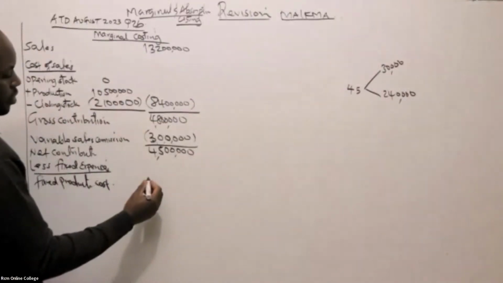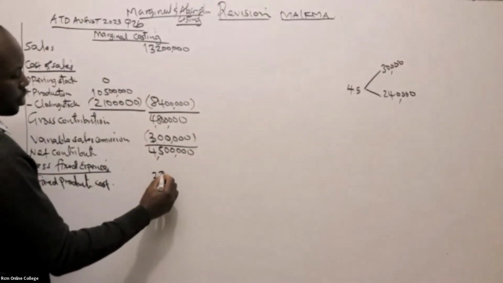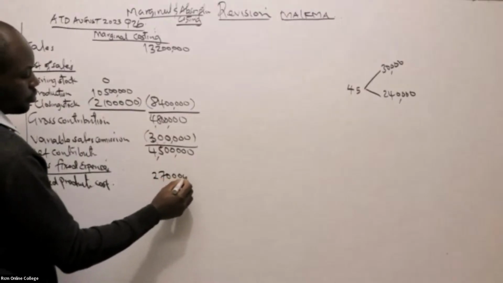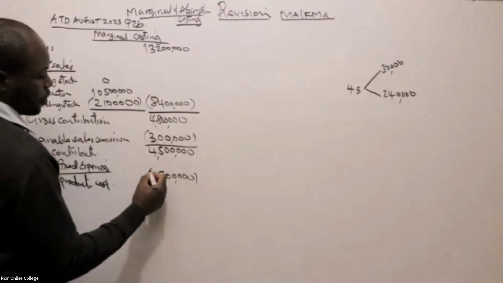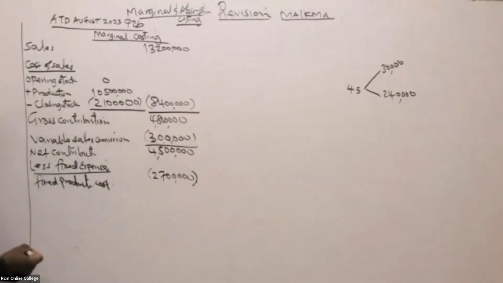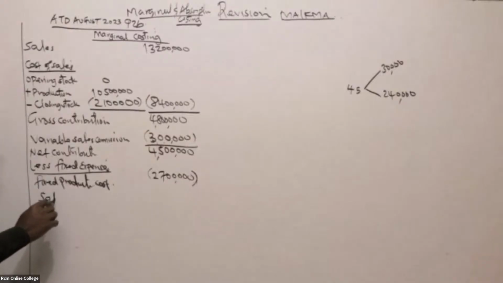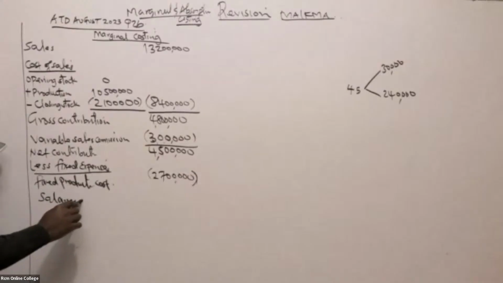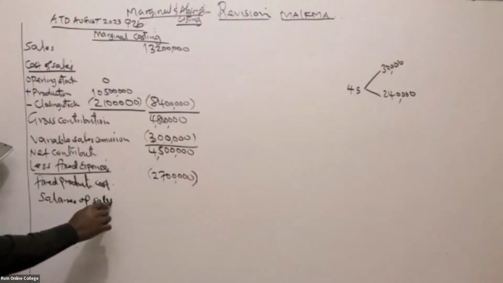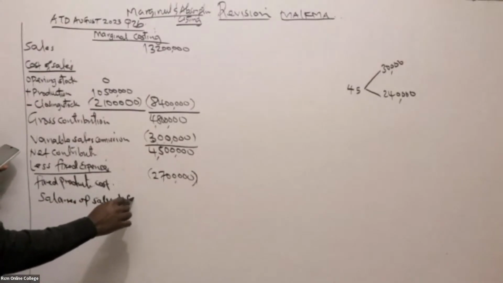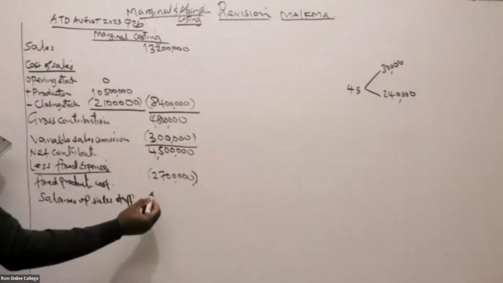So that's what we need to record here, 2,700,000. Then we now need to less the fixed and production expenses. One of them is salaries of sales staff. That is 450,000.